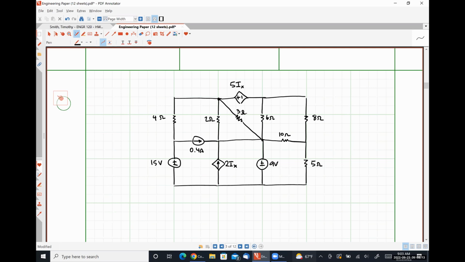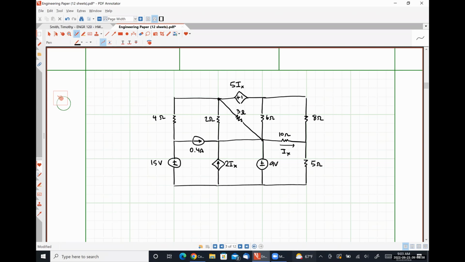So this circuit obviously contains multiple voltage sources, both dependent and independent. It contains multiple current sources, both dependent and independent. So we are going to have to modify, oh, and I need to define the current IX here, or we're going to have a problem with one of our steps.